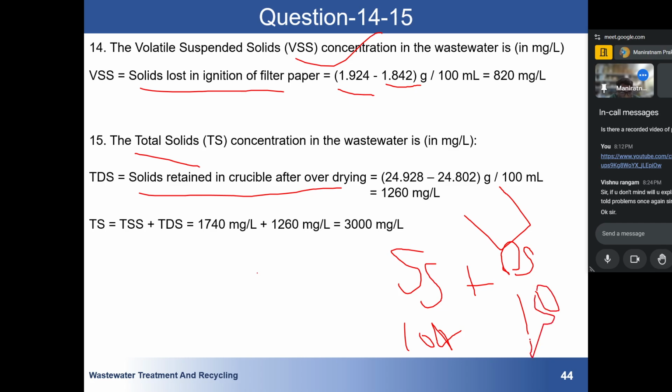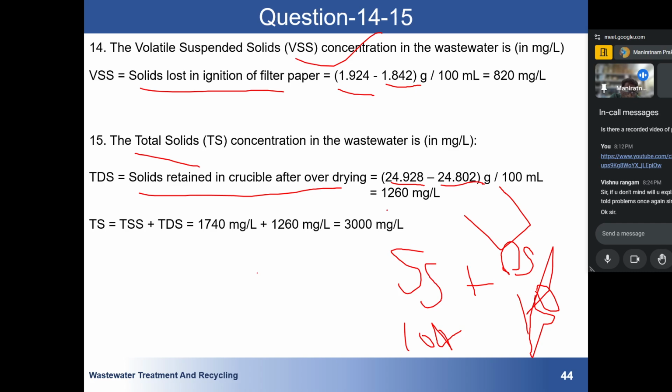Okay, now. So you can see that after oven drying it was 24.928, and after oven drying the empty weight of the crucible was 24.80.